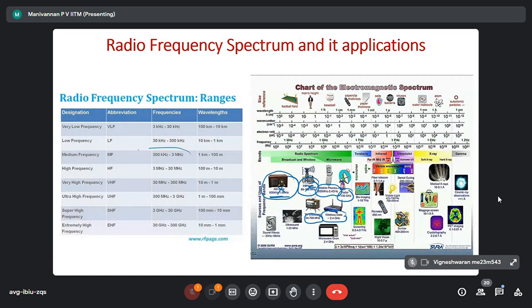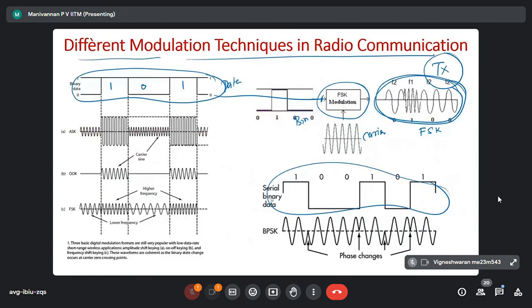For medium frequency, a radio station can transmit; FM is 88 to, as it is here. AM is only this. For mobile phones, only this frequency you can transmit. You cannot transmit any other frequency. This is the limitation of wireless communication, including Bluetooth also.